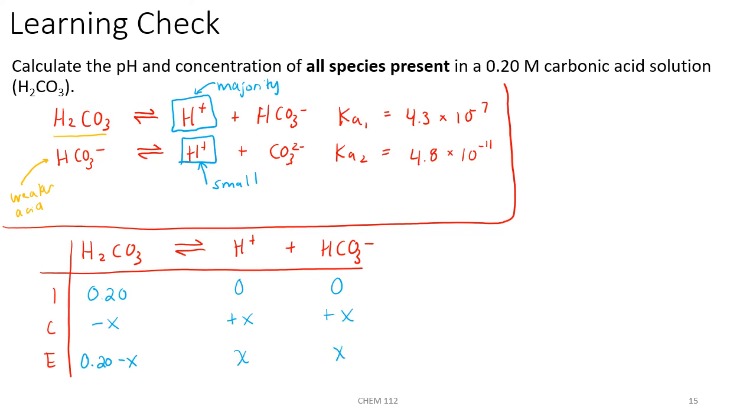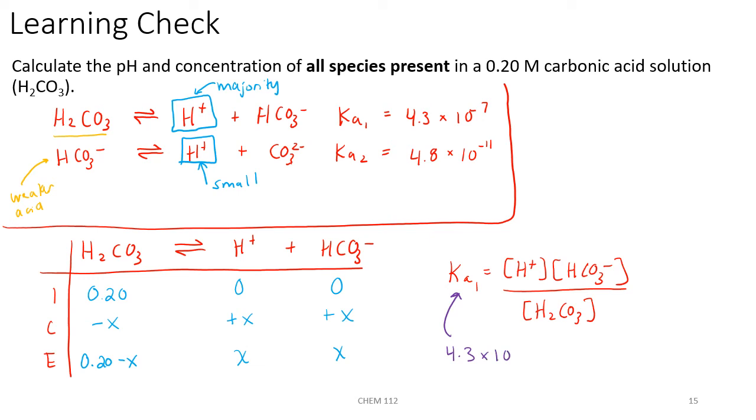When we write our equilibrium expression, we're going to have Ka1 is equal to the hydrogen ion concentration times the hydrogen carbonate ion concentration divided by the concentration of carbonic acid at equilibrium. And our Ka1 value is going to be 4.3 times 10 to the negative 7th, and this is a very small value for Ka.